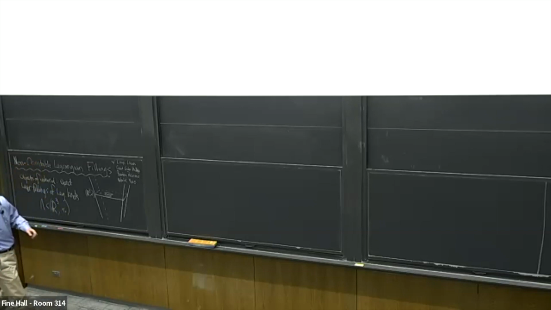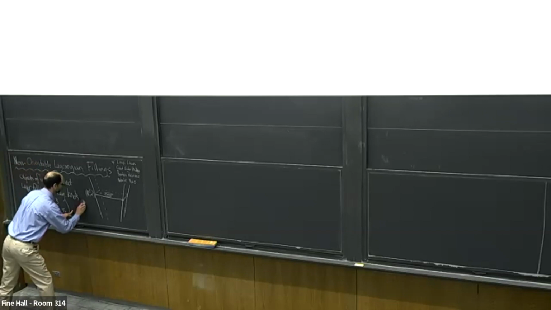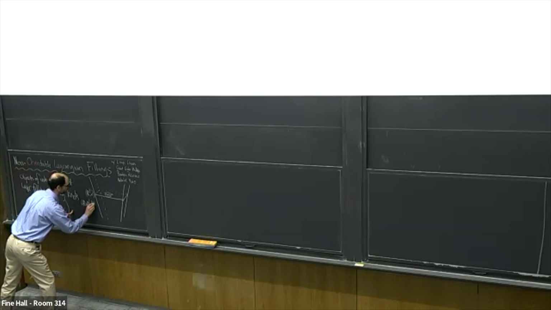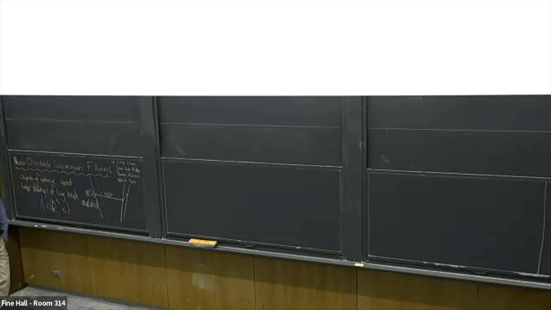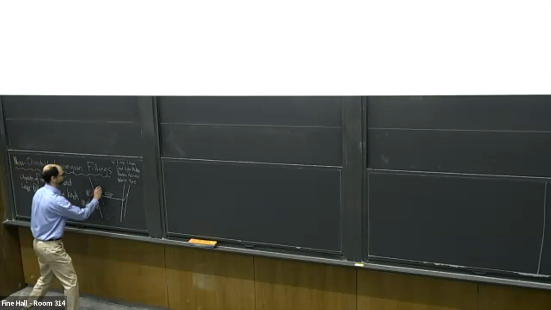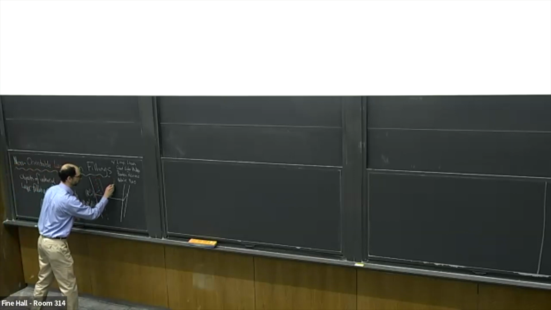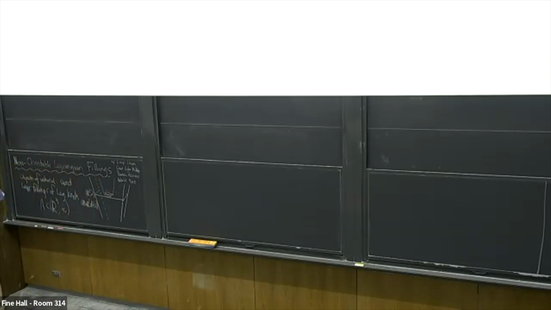Good. Okay. And then we're going to work in the symplectization, which is R cross R3 with the symplectic form d alpha. And I want to look at exact Lagrangians that are cylindrical over the Legendrian at positive infinity.